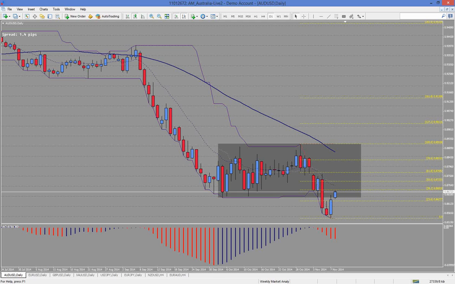And the fact that gold has just been going to the floor means our Aussie dollar has consequently had similar reactions as well. But again, the key for the drop so far has been the fact that the US dollar has been so strong. So that's what I can see on the Aussie dollar.